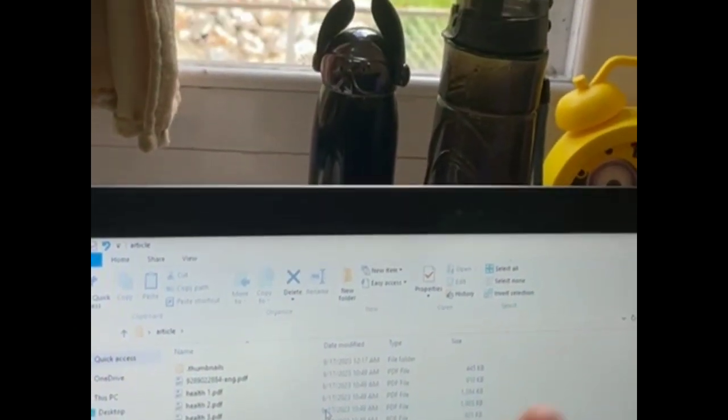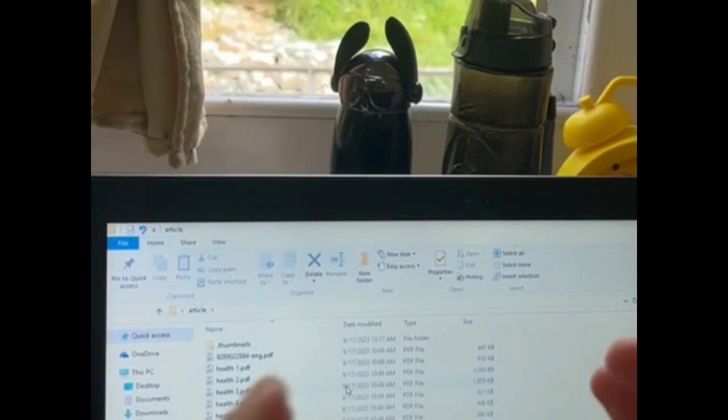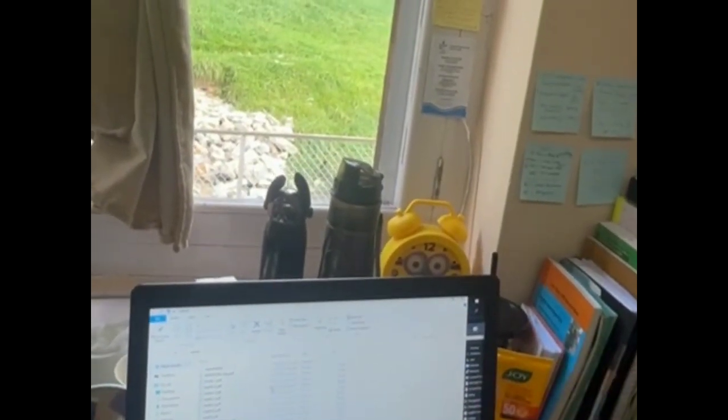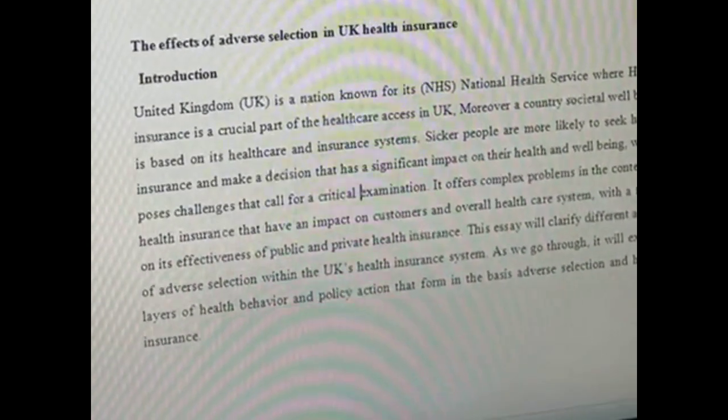My topic is adverse selection, so I searched for articles on adverse selection and the UK health system separately. For today, I have finished writing the introduction part. So these are my introduction, and that's all for today. I will update you soon, guys, whenever I finish.